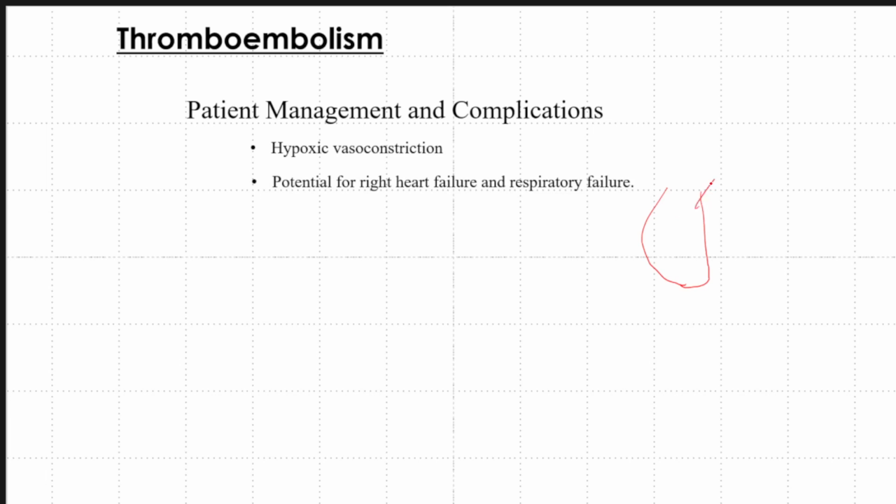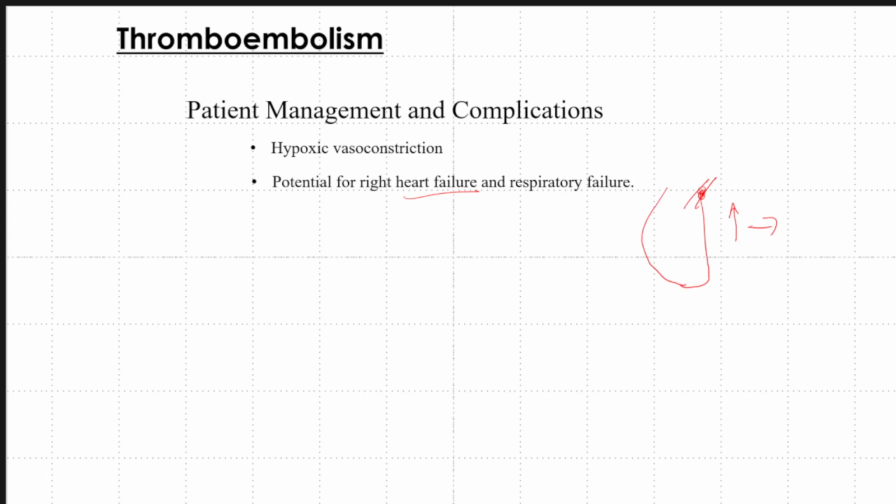When that clot blocks the pulmonary arteries, it leads to increased pressure in the pulmonary circulation, right? When it increases pressure in the pulmonary circulation, it increases subsequently the pressure in your right side of the heart, which is pumping blood to the pulmonary circulation. And therefore, there is an increased risk for right-sided heart failure and respiratory failure.